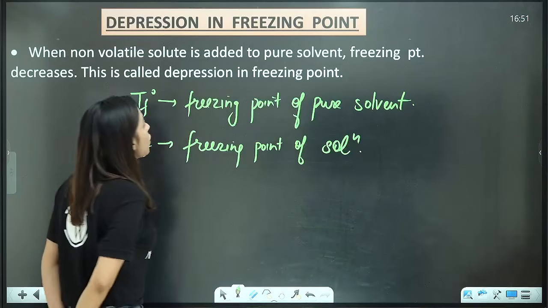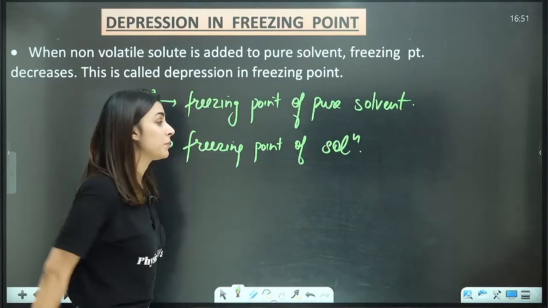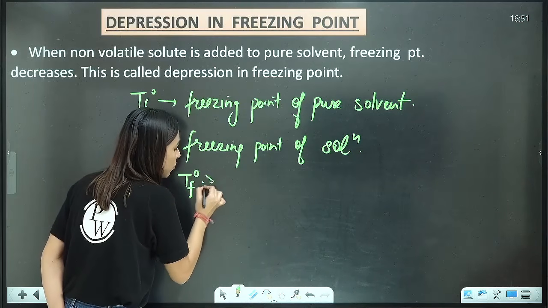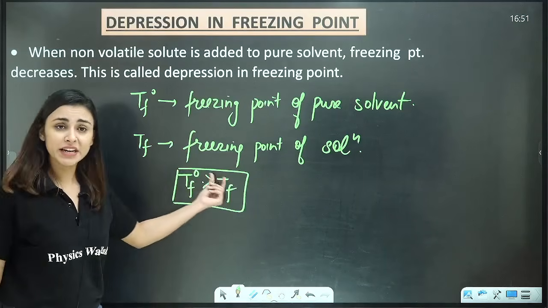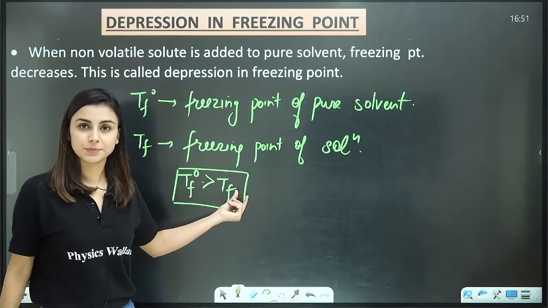If we are talking about the depression in freezing point, my dear students, it means that your Tf° will be more than your Tf. That is, every time you add solute, your freezing point will decrease.